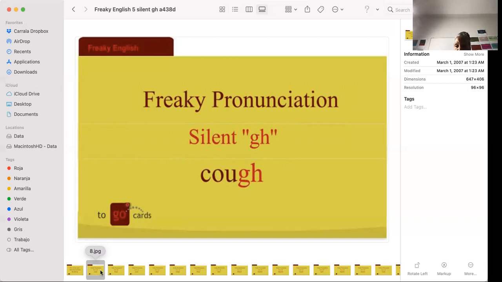It imitates the sound of the F. Cough. Trough. Rough. We're talking about the GH because you hear neither the G nor the H. The sound is totally an imitation of the F.